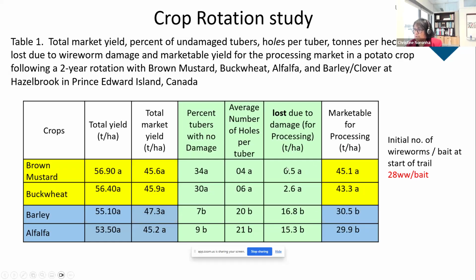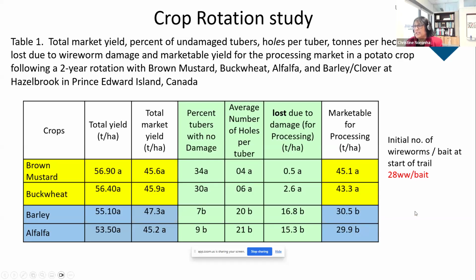And even the tons per hectare lost was significantly lower as compared to the alfalfa and the barley. And so at the end, the tons per hectare that would be considered marketable for the processing industry was significantly higher as compared to the barley and the alfalfa.